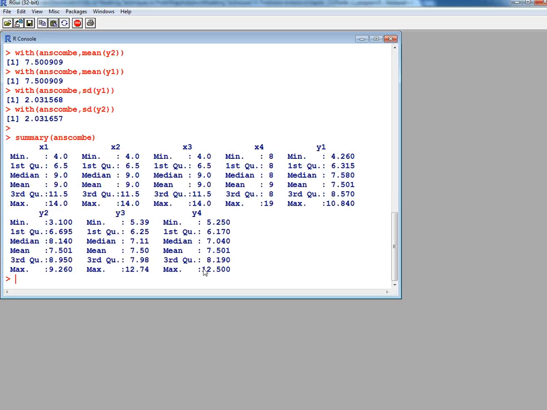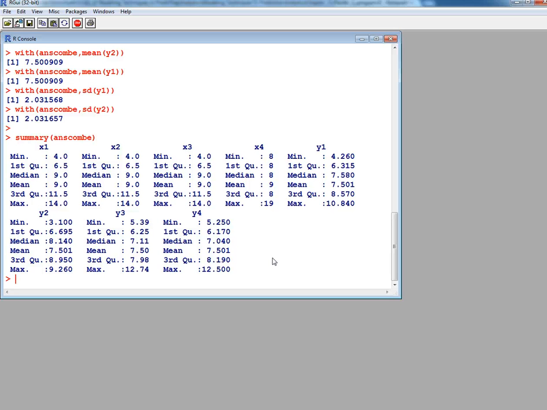Summary tells me the minimum, first quartile, median, mean, and maximum, and so on. It summarizes each of these variables. So from that, we could get all the means for y1, y2, y3, y4. You can see the mean of y1 is 7.5, mean of y2 is 7.5, and so on. Everyone see that? So that's the summary function.